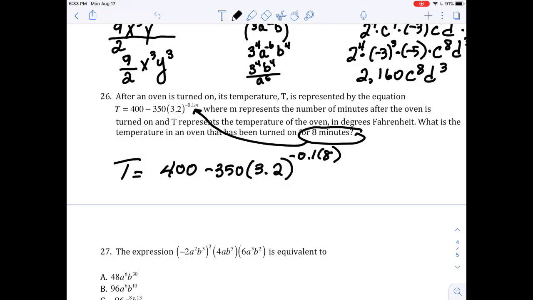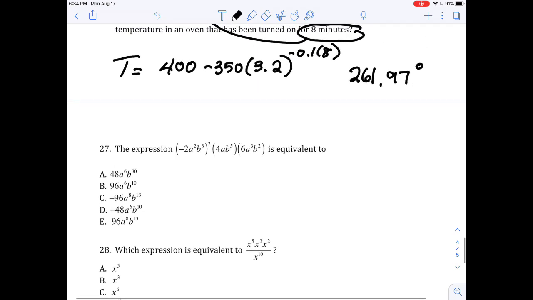Okay, so I had to grab my graphing calculator. So that's 400 minus 350 times 3.2 raised to the power. All right, so we have 261.97 degrees.